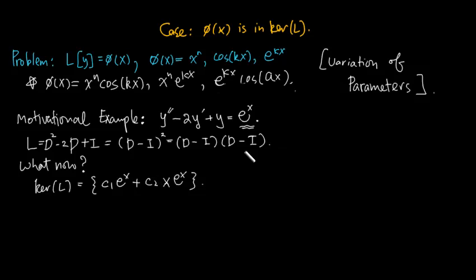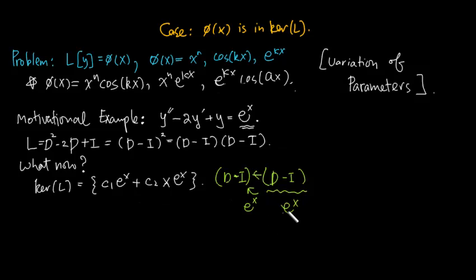The first operator we go through is d minus 1, and then the second operator on the left is d minus 1. Whatever is annihilated here is e to the x, and whatever goes through and dies again, something has to survive so that we pick up dimension 2. Whatever dies in here is going to be another e to the x.